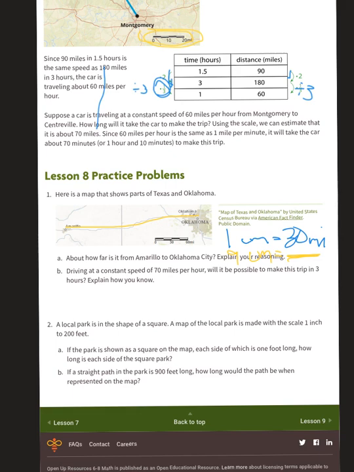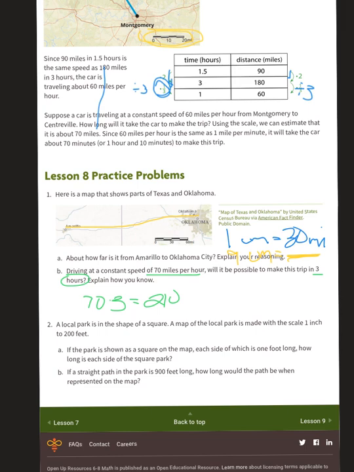Letter B, driving at a constant speed of 70 miles per hour, will it be possible to make this trip in 3 hours? Well, if they're going 70 miles an hour and they're going 3 hours long, 70 times 3 is 210 miles.